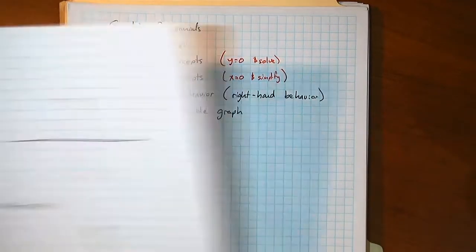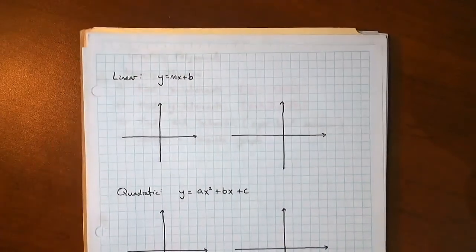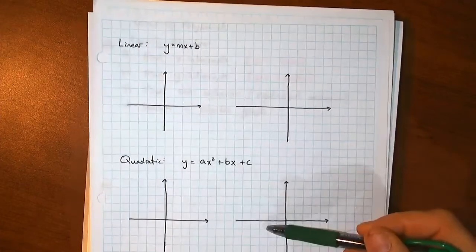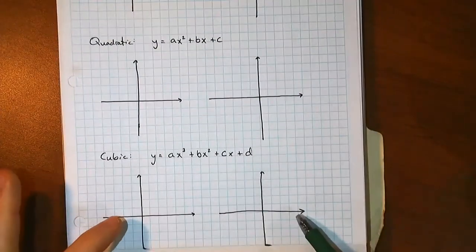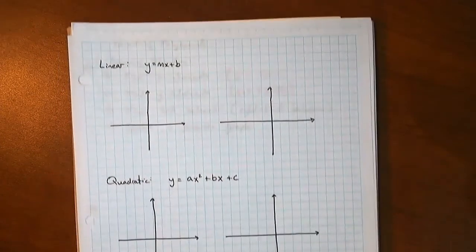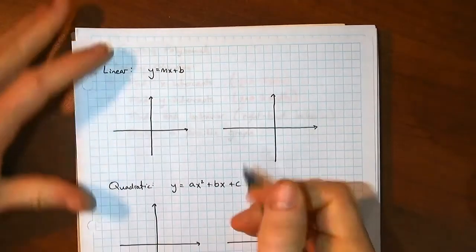So here's what I've got. I've got a series of graphs that I'm just going to sketch a graph of a random function. And we're going to talk a little bit about what we notice in the graph. And we're going to start with lines and parabolas because we know about those already. And then I'm going to show you a cubic, so it just goes to the next level. And then we're going to kind of generalize what we're seeing here. Okay, so here's what I want to focus on.